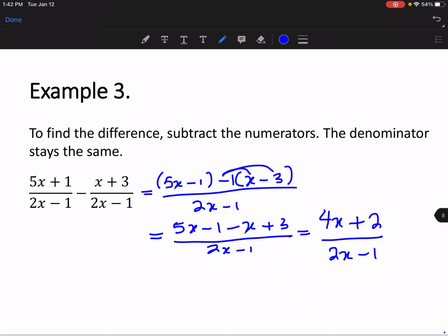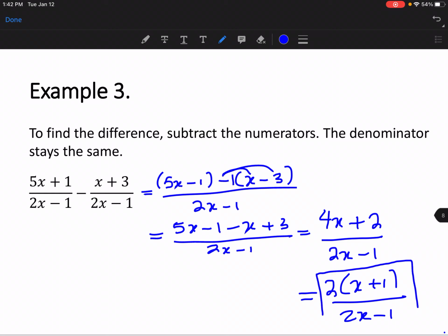Then is there anything I can factor out? Yes, I can factor out a 2 because both 4 and 2 are divisible by 2. So this is 2 times (2x plus 1) all over 2x minus 1. You always want to keep your answers in the simplest form.